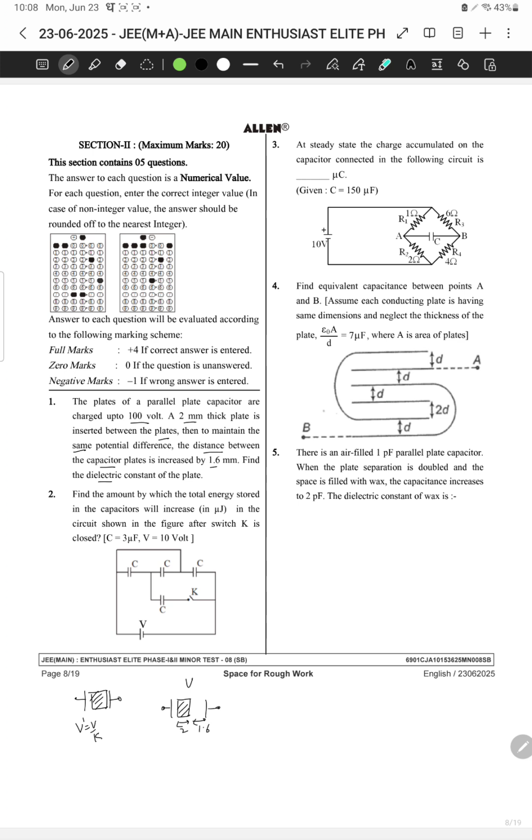Now the potential is 100, so V is equal to V1 plus V2, we can write. The charge will be the same because they are in series.